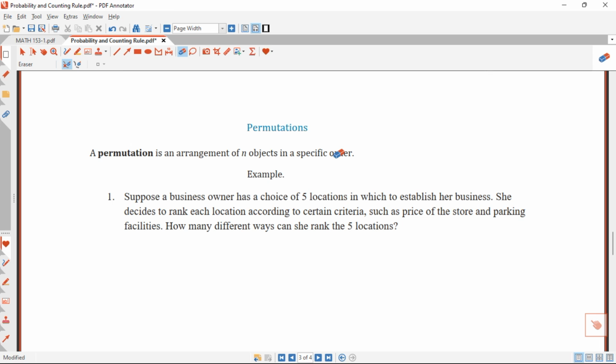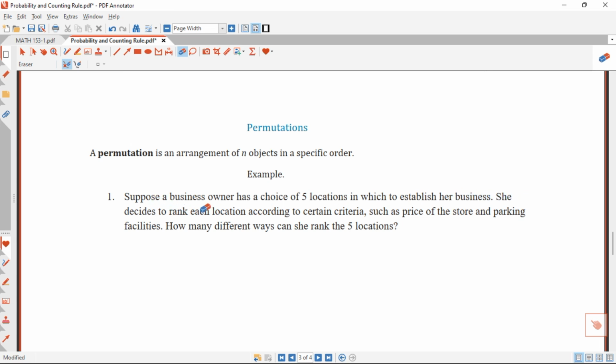So let's solve some examples under permutation. While we work through examples, I'll introduce the permutation rule for you to see how it works. The first question on the list is: suppose a business owner has a choice of 5 locations in which to establish her business.